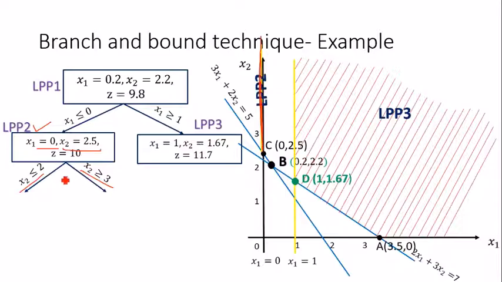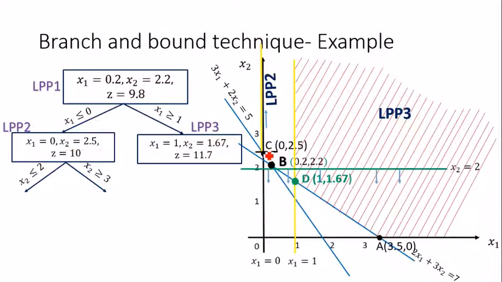In this feasible region you have to add the constraint x2 less than or equal to 2. This point is already 2.5, x2 is 2.5 here. So when you draw the line x2 equals 2, this line will be here, and since this is less than equals to, the region will be downwards.